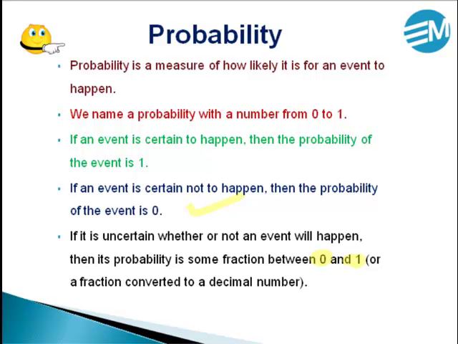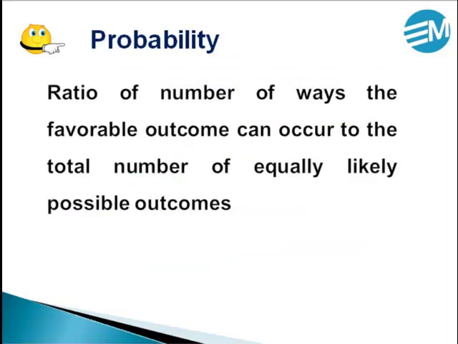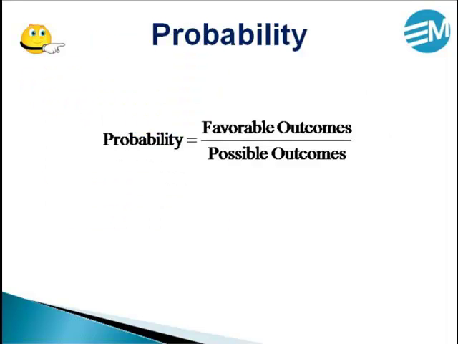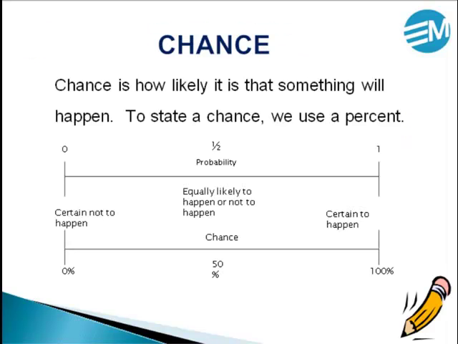You can give your answer in the form of a fraction or a decimal. So what is probability? It is the ratio of the number of favorable outcomes divided by the total number of equally likely outcomes. That's right, favorable outcomes over possible outcomes.